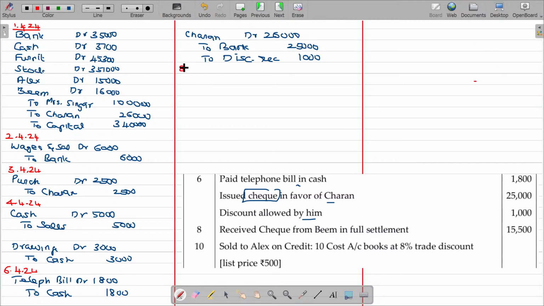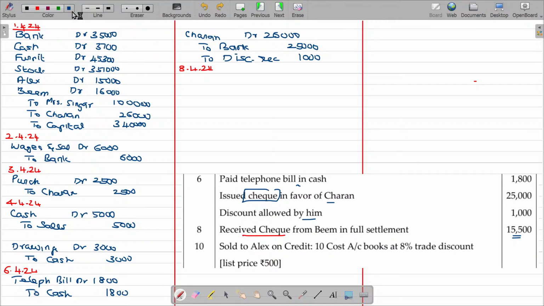8th April 24. Received check from Beam in full settlement 15,500. The amount recoverable from Beam in this case being 16,000. We received only 15,500 and consider this completely settled.